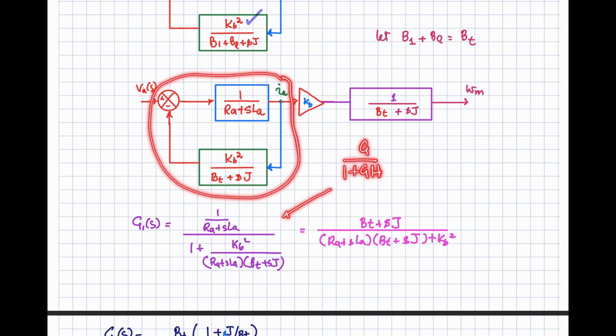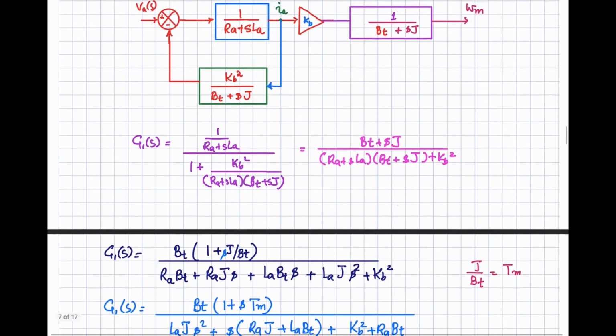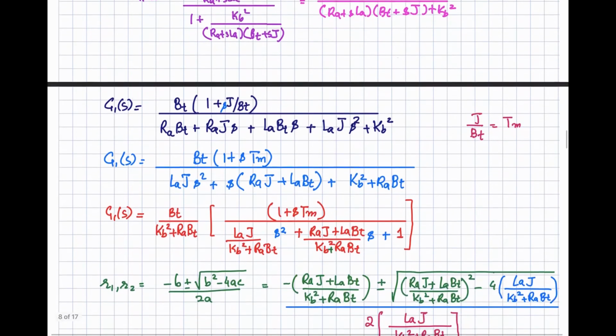So using this you can write it like that. This is G and this is the product of G and H. So if you simplify, you will get this transfer function. So this G1(s) is basically representing this current feedback loop, right? Okay, now let's simplify this current feedback loop.